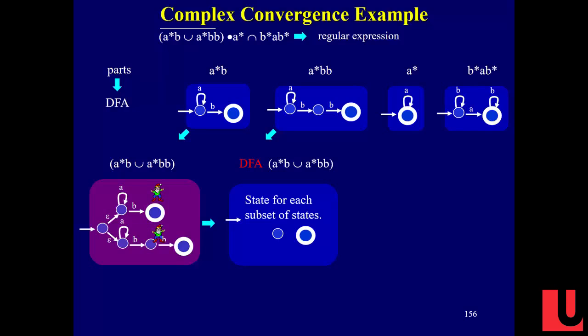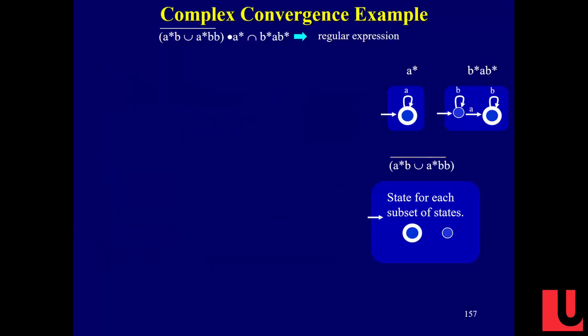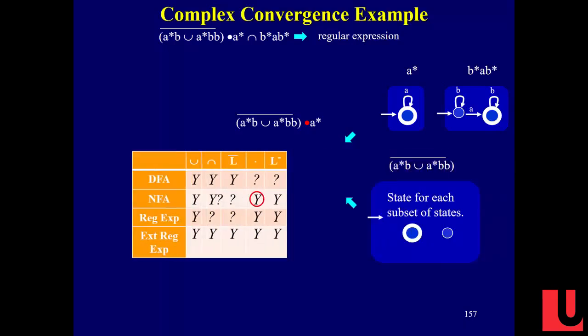Anyway, now we have a DFA for that piece. Now we can do the complement, right? Using just switching the accept and the reject states. So that gives us our first piece. And then we're going to take this crazy piece and concatenate it with A star. And how do you do concatenation?